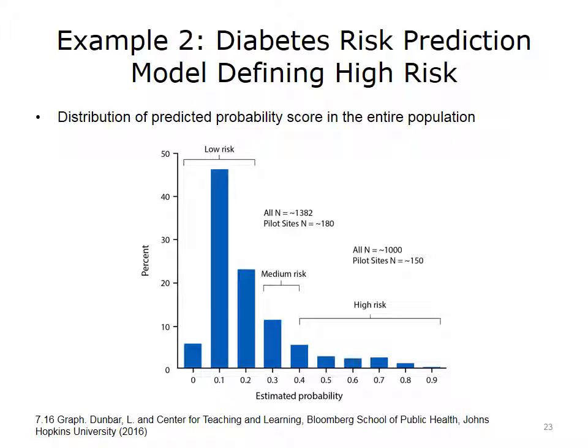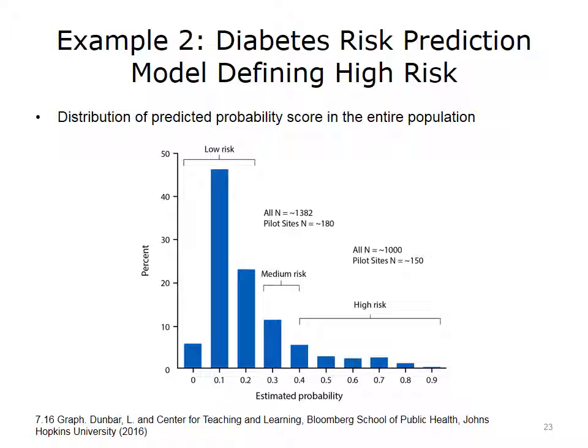This is the distribution of their predicted probability scores across an entire population. There were 1,382 patients involved in their diabetes risk prediction model, and they chose some pilot primary care groups. The N was about 180. They broke down their population in terms of their overall risk level score, the estimated probability ranging from 0 to 1.